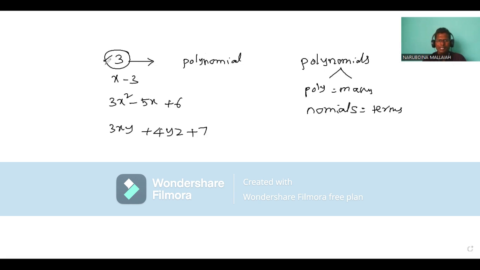Here in the second example, x minus 3, this is an algebraic expression. Here we have two terms. See, x is one term and 3 is one term. These English letters are called variables. Variables x, y, z or a, b, c.